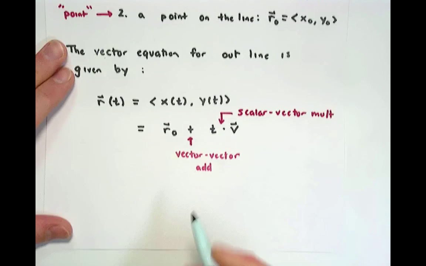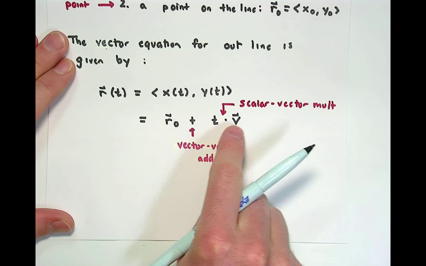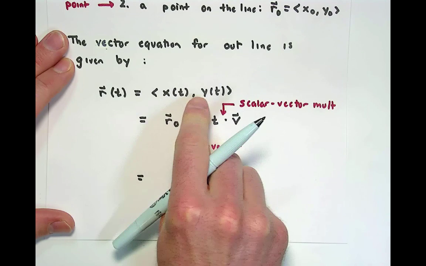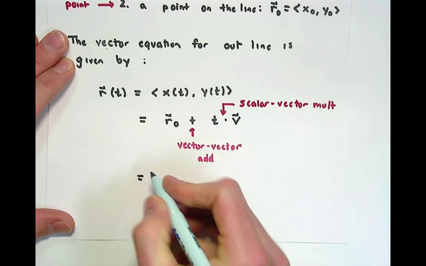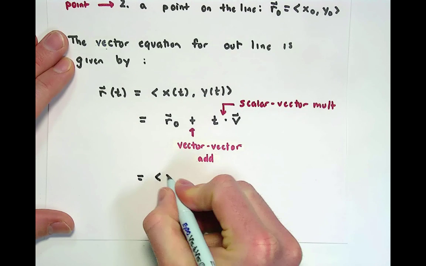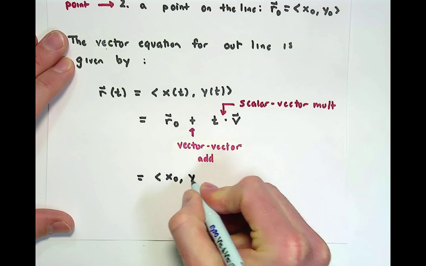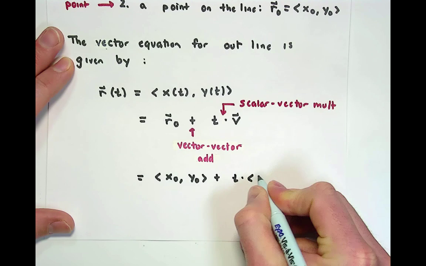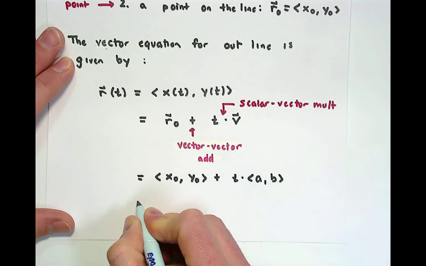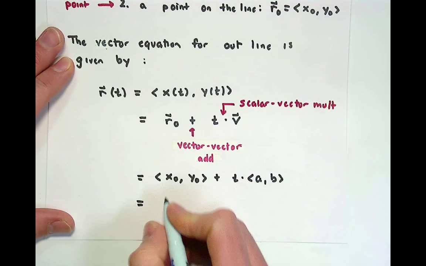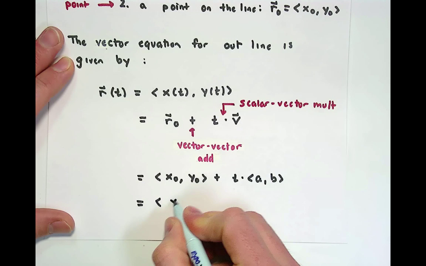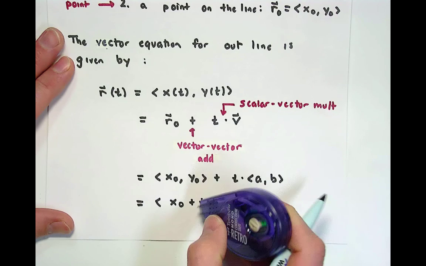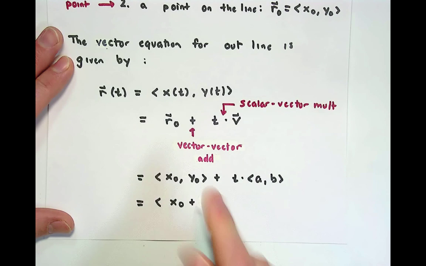We can use the component definitions of r naught and v to find specific representations of x of t and y of t in terms of scalars. R naught was x naught, y naught. Here we have t times a, b. We can bring in the t and then add individually. So this is a times t, of course.